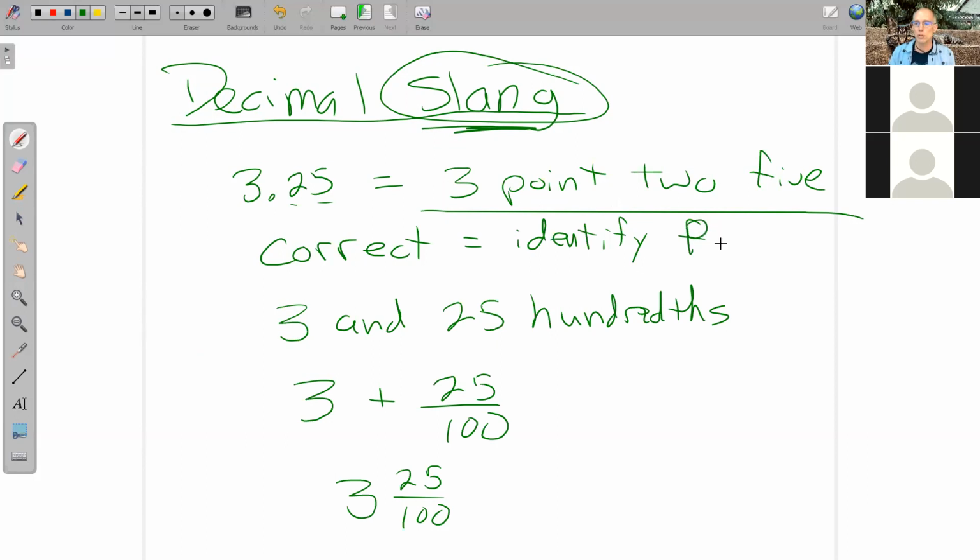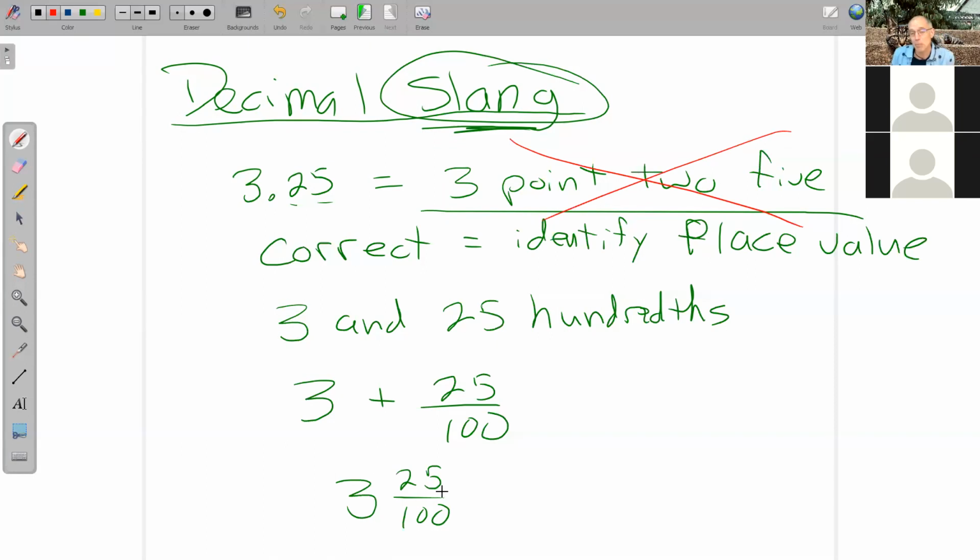It's supposed to be a P. And so I just want you to, every time you see a decimal from now on, if you think to yourself, blah, blah, blah, point, whatever, don't say point. Don't do this. Train yourself to try and read them properly.